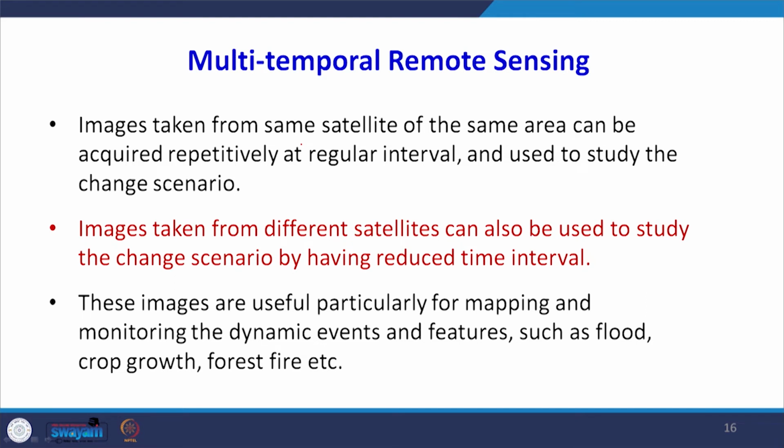There are images from the polar satellites which are temporal in nature. After a certain interval of time we can view the same area, and there are many features on the ground which are to be monitored regularly, and these temporal images are helping us to monitor those areas and to find out what changes have taken place, and in which direction the changes are taking place.